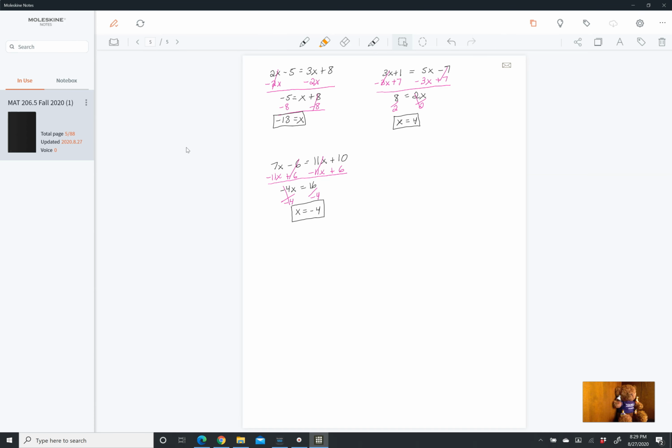Okay, let's add a little bit to this. Let's take some equations that require some knowledge of order of operations, okay? So let's take the following example. Okay, sorry about that, my computer crashed.